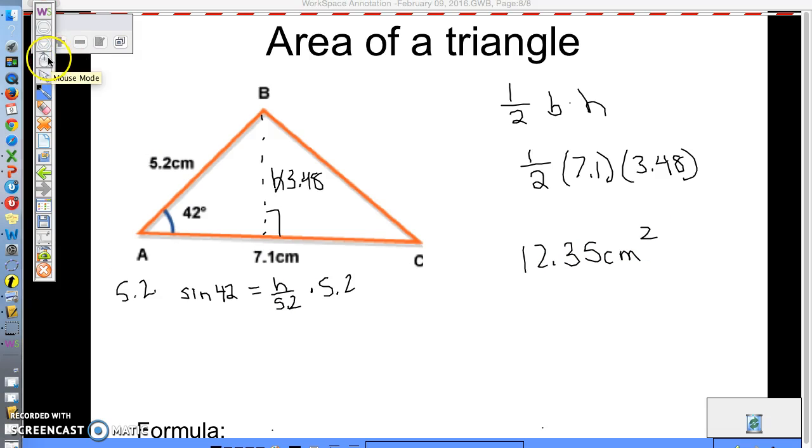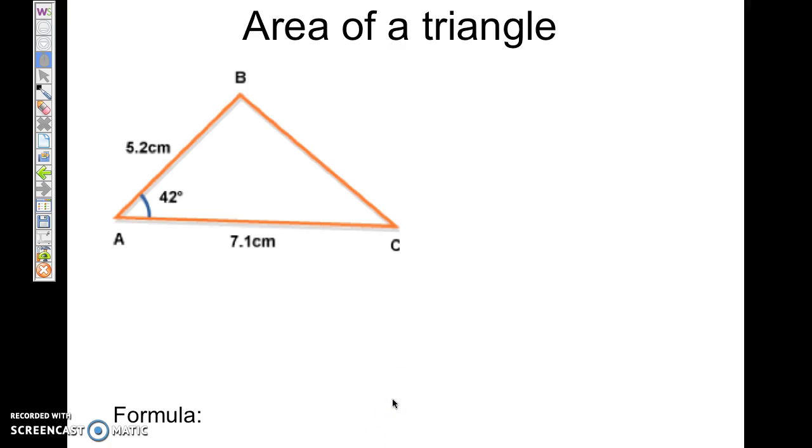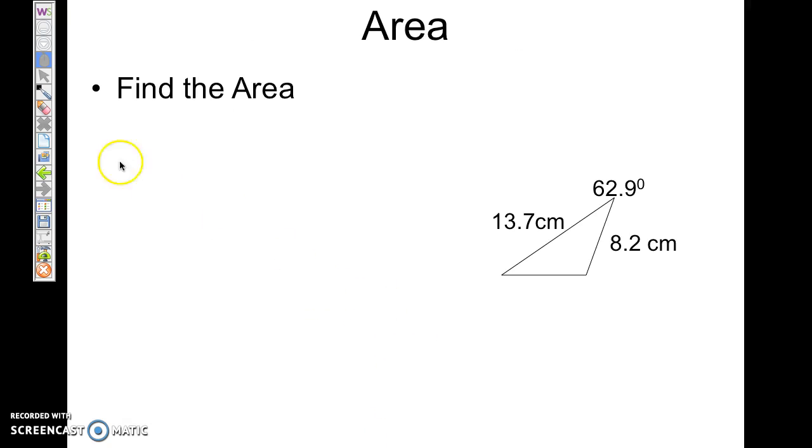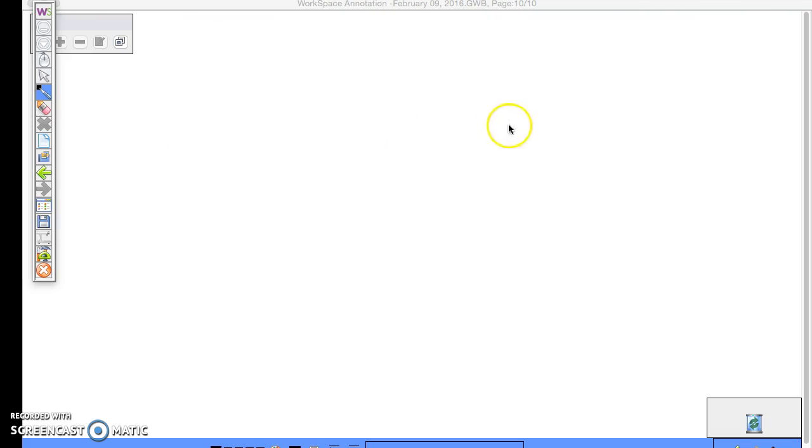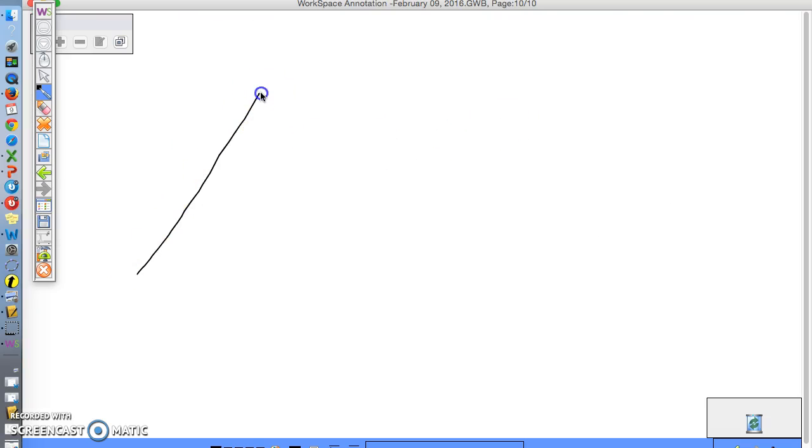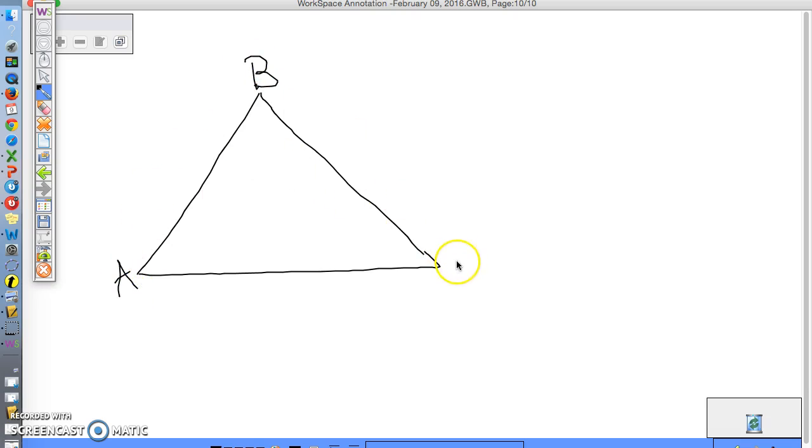Now, we've known that formula for area of a triangle, but on this back page here, you guys have a little blank room. We're going to take a look at how we can write it without knowing the height. So let's say we have our A, B, C. So this would be little a, little b, and little c. And if we have our height right here, we know it's 1/2 base times height.